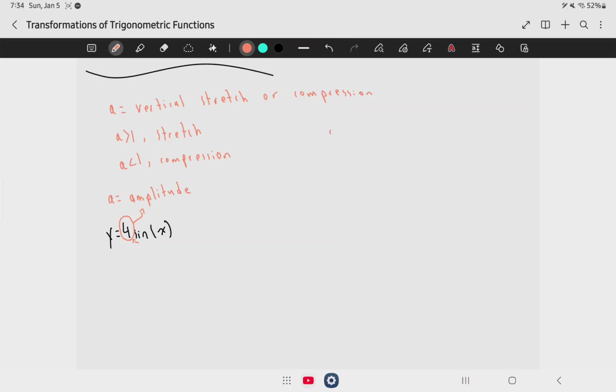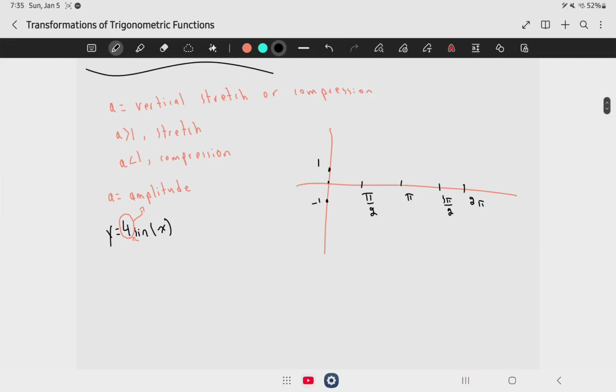Meaning, if I were to draw a graph, now a normal sine graph, if this was 1, -1, let's say you have your pi over 2, your pi, 3 pi over 2, 2 pi. So a normal sine graph would be looking like this. This is your basic sine x graph.